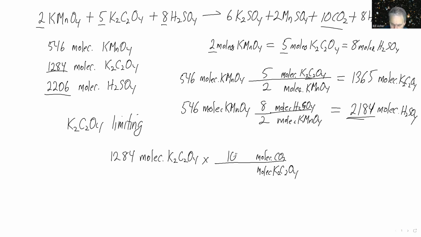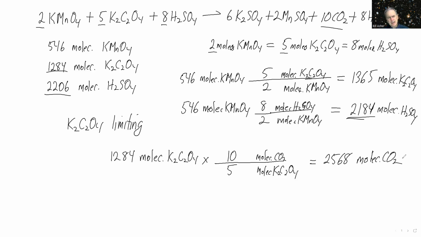It's 10 molecules of CO2 per 5 molecules of K2C2O4. Well, 10 divided by 5 is 2, so I just have to multiply 1,284 by 2, and I get 2,568 molecules of CO2.